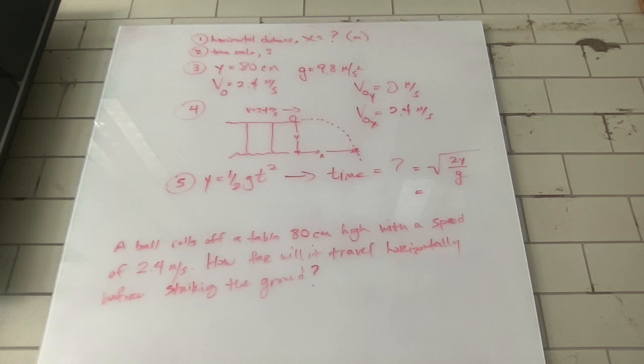So it's 80 centimeters, and then you convert that to meters, which is 100. So 80 over 100 is 0.8 meters. And then times 2, divided by 9.8, and then you put that in the square root.